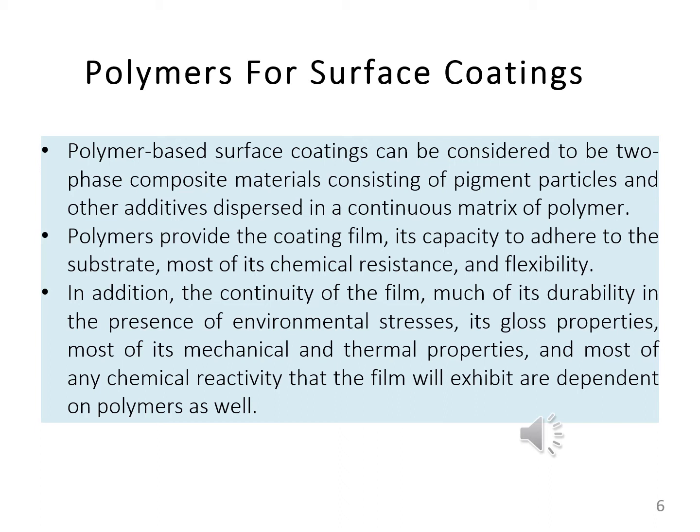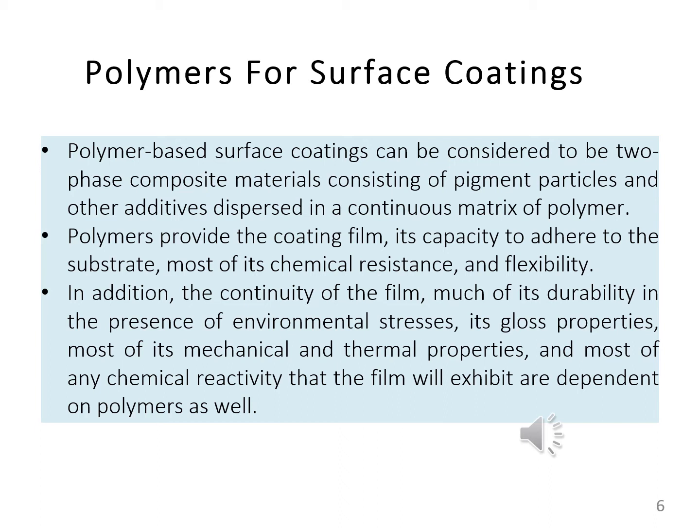Polymers for surface coatings. So which polymers are used for the surface coating? What is the role of polymers in the surface coating? Polymer-based surface coatings can be considered to be two-phase composite materials consisting of pigment particles and other additives dispersed in a continuous matrix of polymers.